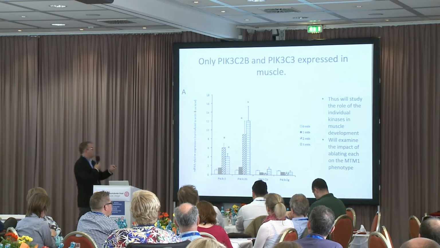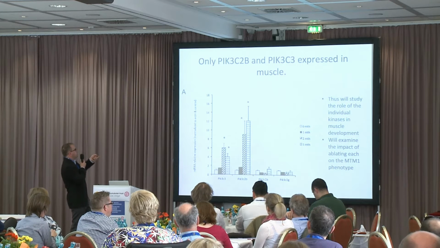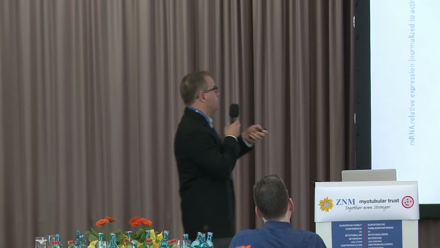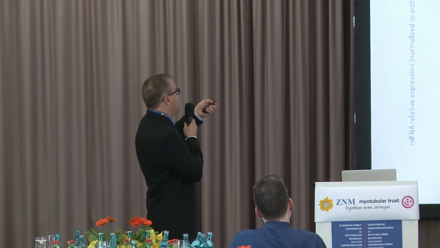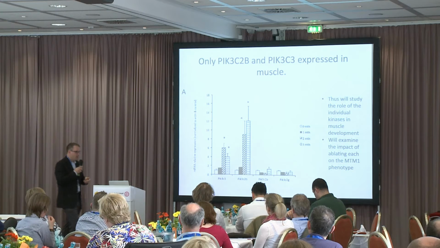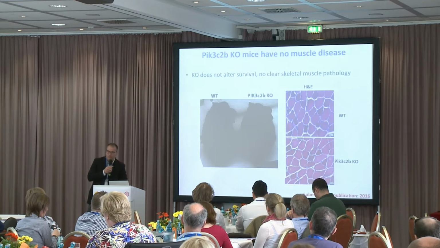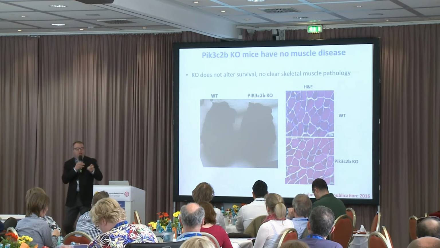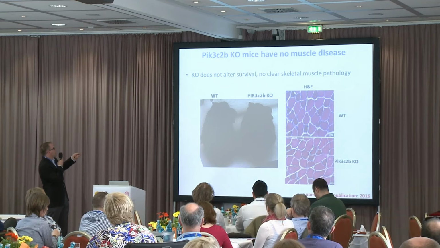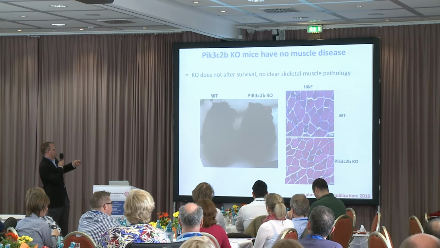So what we started by doing is, because we wanted to work with the mouse model to see if this balancing strategy could work, we first had to make mice that either lacked this enzyme or this enzyme. I'm going to tell you primarily about this one. So we made mice that basically have none of this PIK3C2B enzyme in any of the cells.